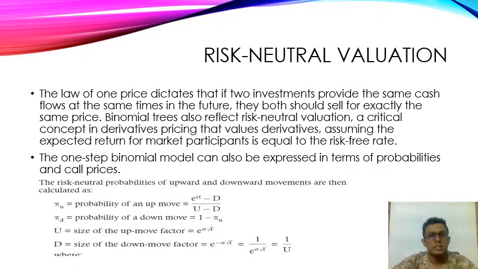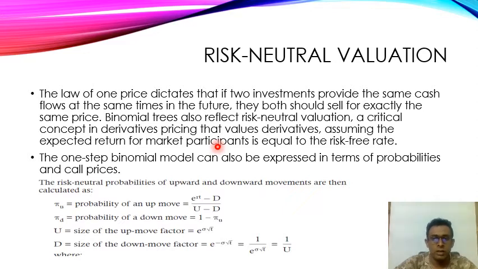One of the major concepts in valuation of derivatives is risk neutral valuation. It is like the law of one price. The law of one price states that if two investments have the same cash flows at the same times in future, then they should both sell at the same price. So it is based on risk neutral valuation.